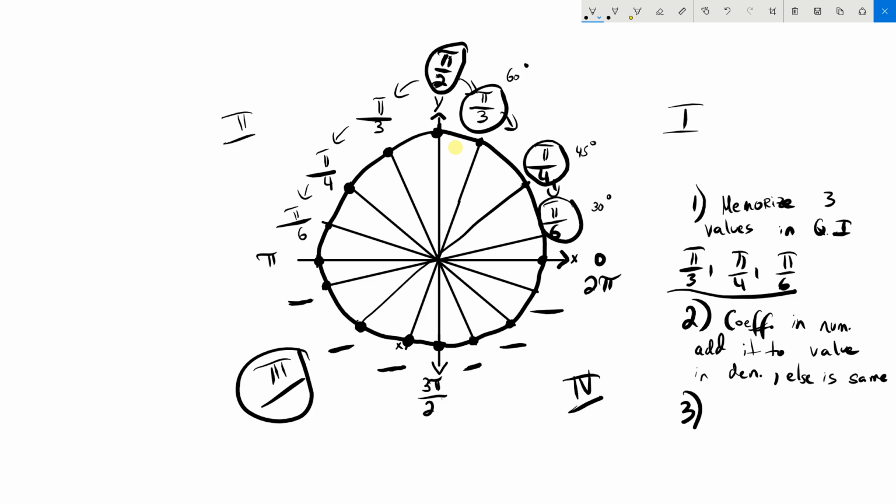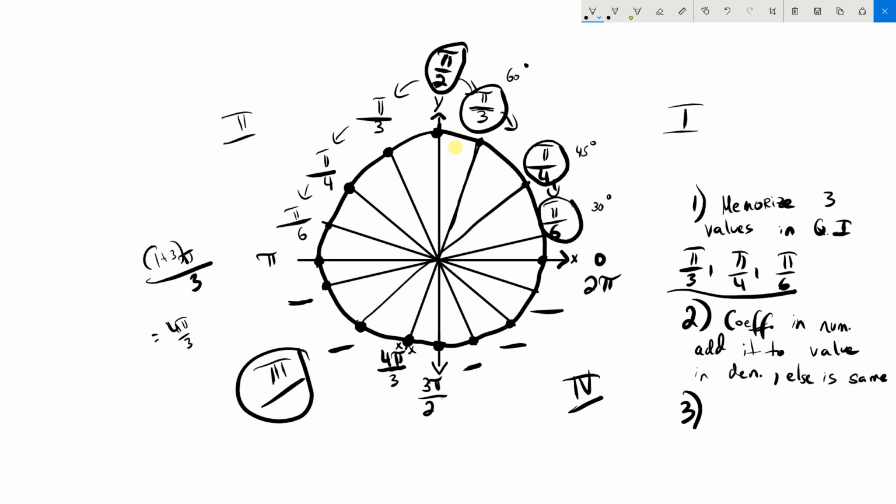Meaning, for example, if we want to find this value here, which is diagonally across from pi over 3 up here, we follow the second rule, and we take the coefficient in front of pi, which is 1, we add the denominator, which is 3, and everything else is the same. It's still pi over 3. So 1 plus 3 is 4, which is 4 pi over 3. Therefore, this value is 4 pi over 3.